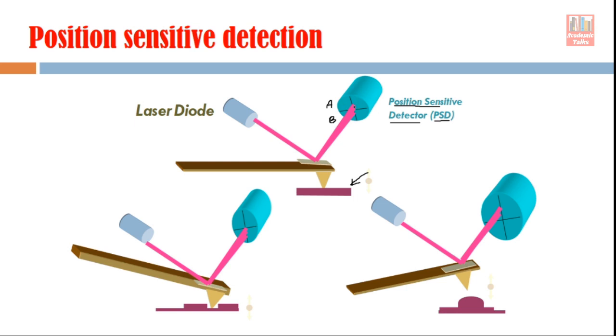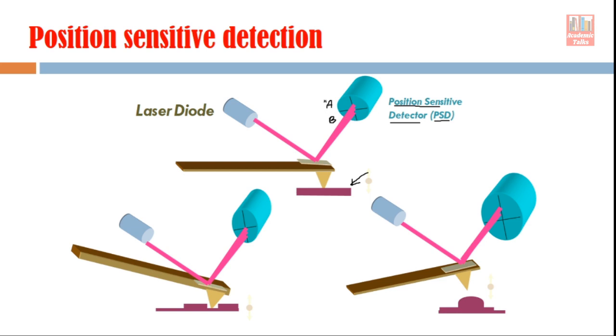Now the upper half will produce one electrical signal in response to the amount of light falling on it, and this lower half B will also produce an electrical signal in response to the amount of light falling on it. So when the cantilever is in its mean position, the light is falling in the center. The amount of light falling on the upper half, part A, is exactly equal to the amount of light falling on part B, right?